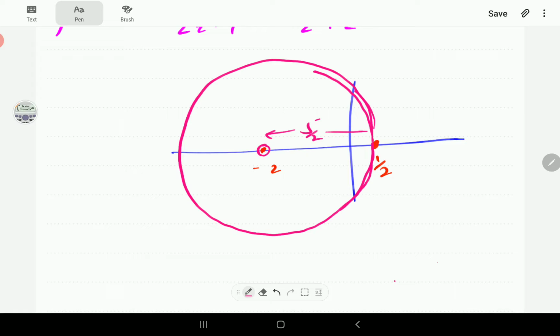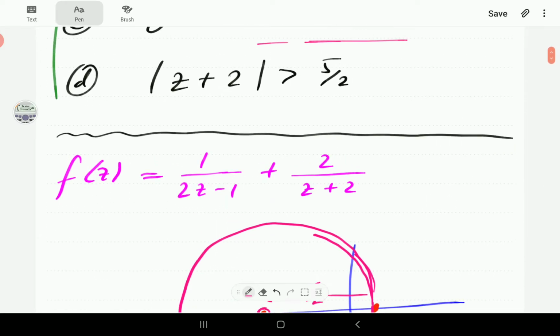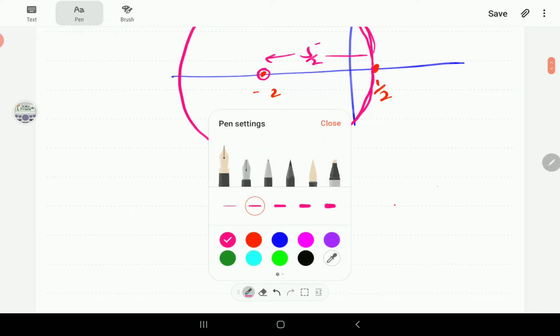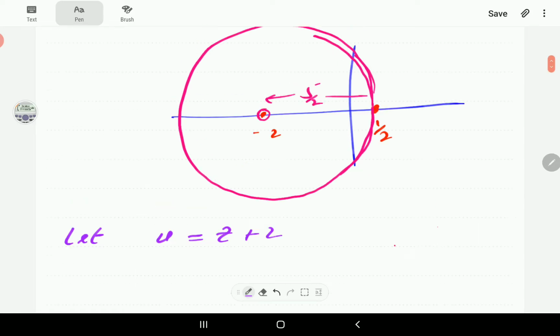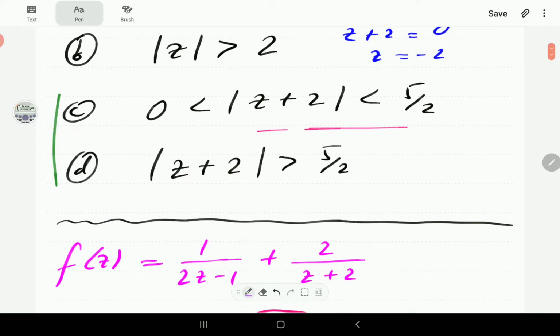Okay, so the way we're going to go about this is we're going to introduce a transformation. So we are going to let u be z plus 2. The other thing that we mentioned is that if the region is stated like this, it means the series is going to be in powers of z plus 2.